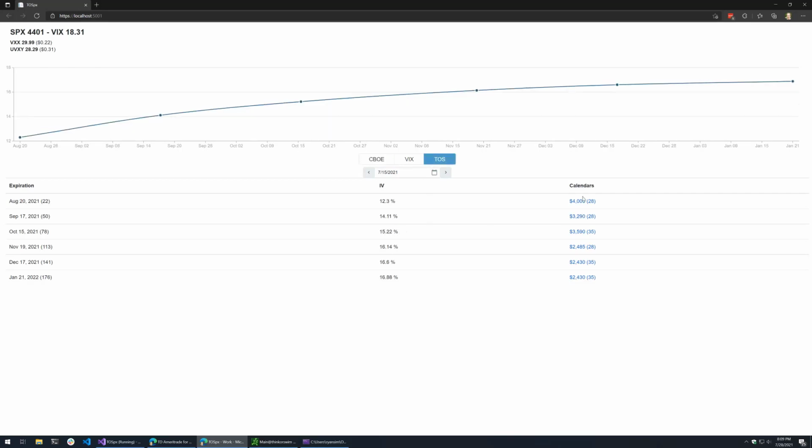The calendars on the right-hand side show the price of this month. For instance, August versus September, the calendar's $4,000 essentially between the two. This is telling us that there's 22 days left in the August contract and 50 days left in the September. And this number over here says that there's 28 days between those two dates.